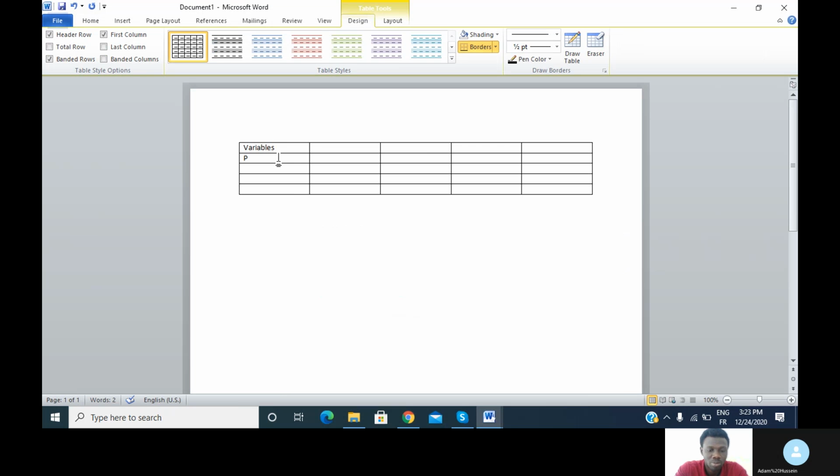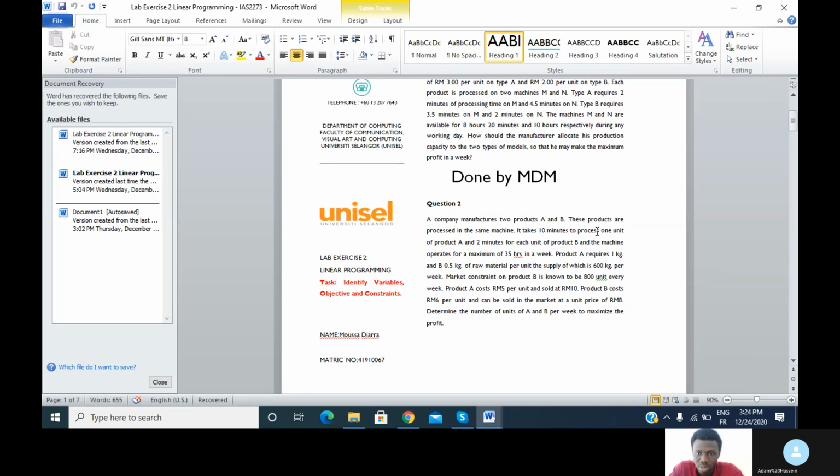Then the limitation, then here just the process time. For product A, it's 10 minutes to process, and product B, 2 minutes.